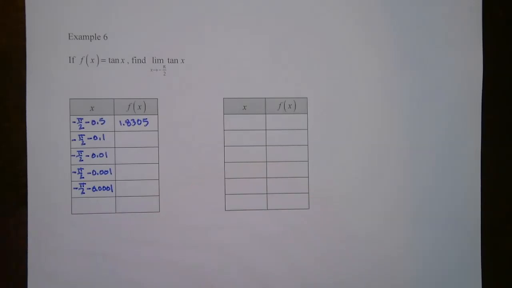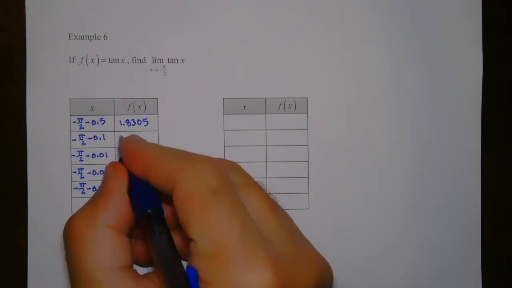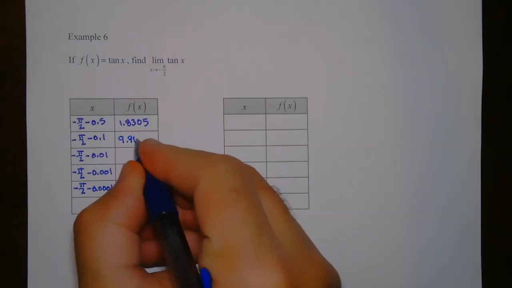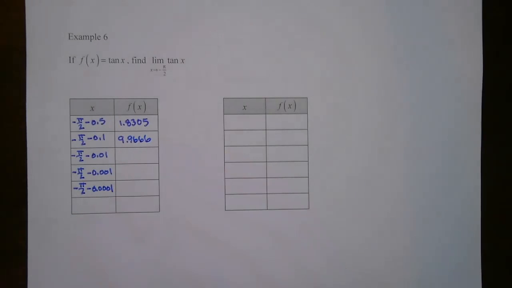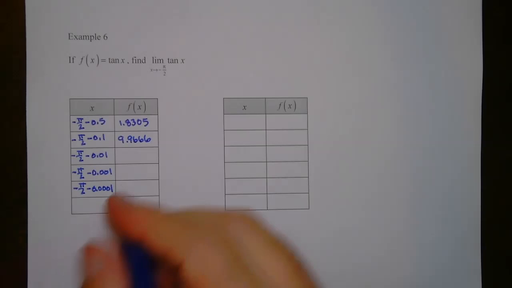Then -pi/2 minus 0.1, and you get 9.9666. And then -pi/2 minus 0.01, and you get 99.997.